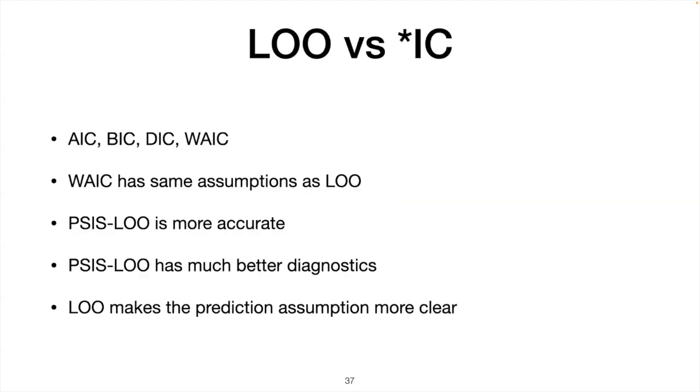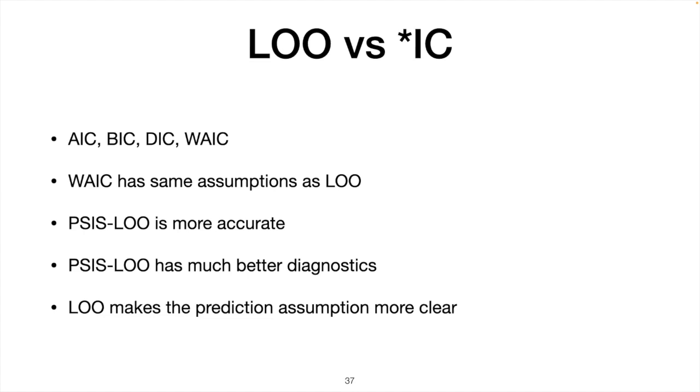Leave-n-out cross-validation is often related to information criteria, like AIC, BIC, or WAIC, the widely applicable information criterion. AIC is a frequentist way to measure model performance, and BIC is a way to approximate the Bayes factor, the Bayes marginal likelihood.